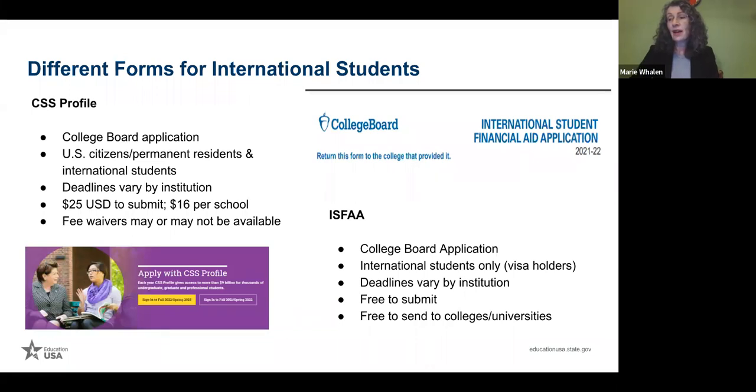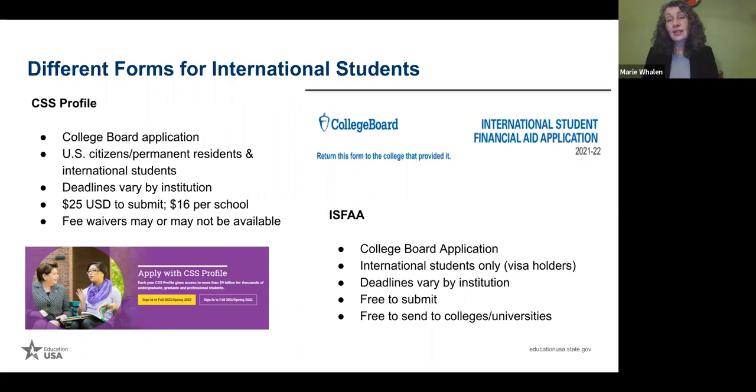The CSS profile is used by approximately 400 institutions in the United States, colleges and universities, the majority of which are private and many are more selective, though some public universities also use it.